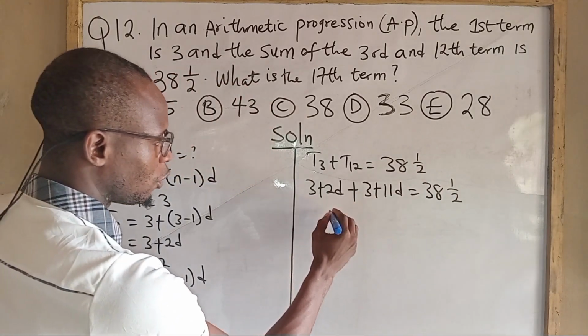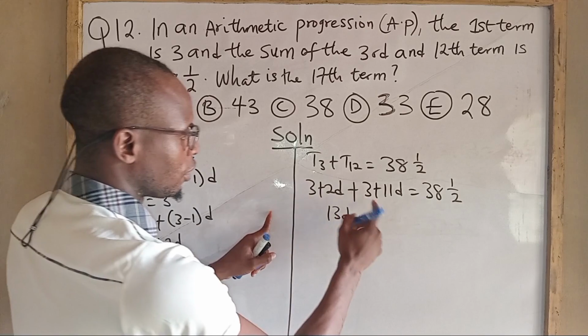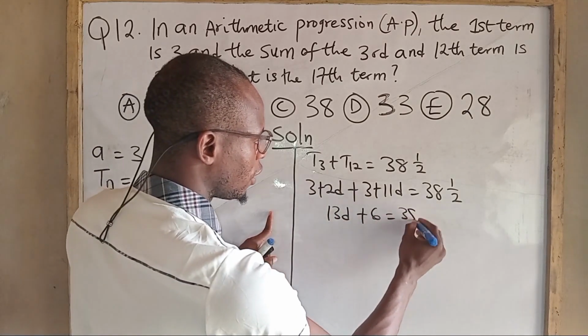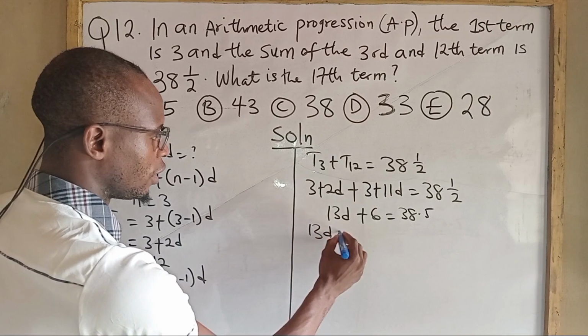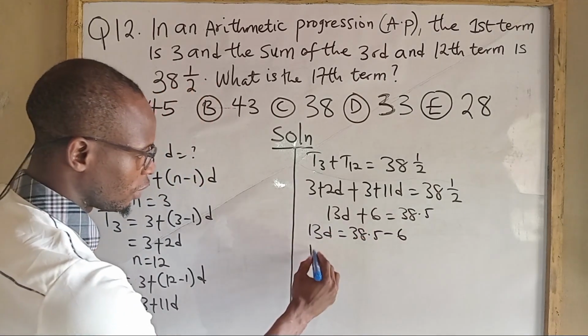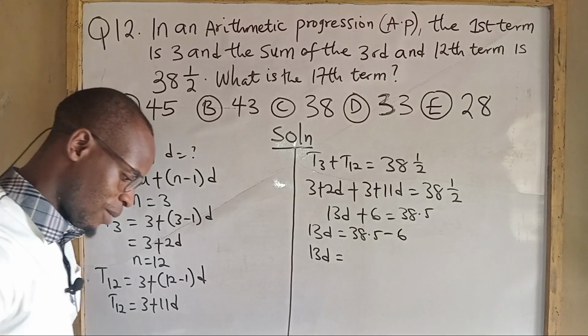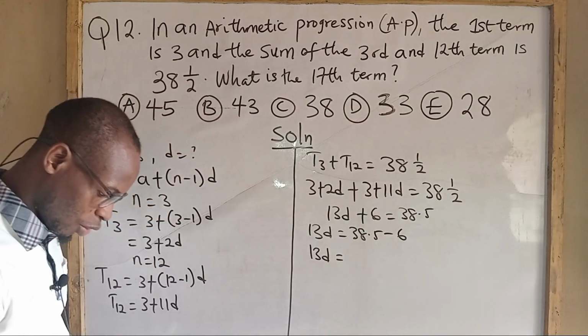If you collect like terms here, we should have 13D, that's 2D plus 11D, then 3 plus 3 gives 6, equals, you can change this one back to decimal, that will give us 38.5. So if you collect like terms again, you have 13D equals 38.5 minus 6. Let me use the calculator for that. 38.5 minus 6 gives me 32.5.